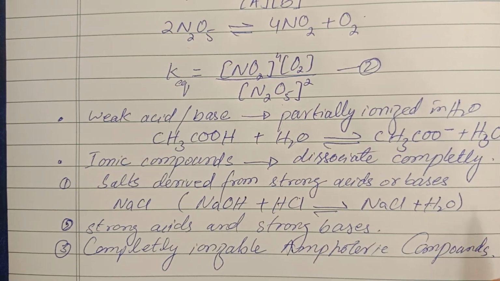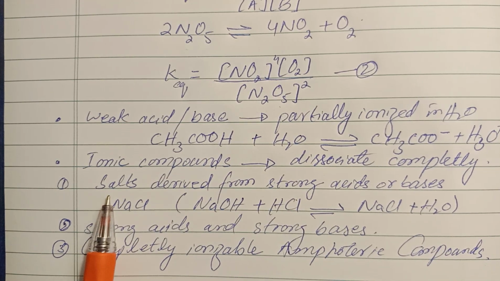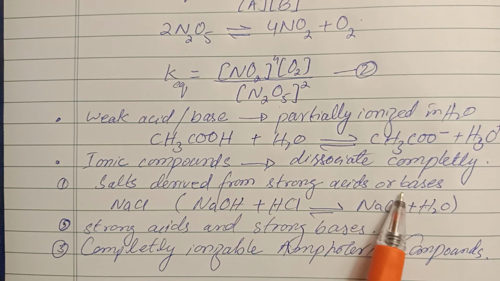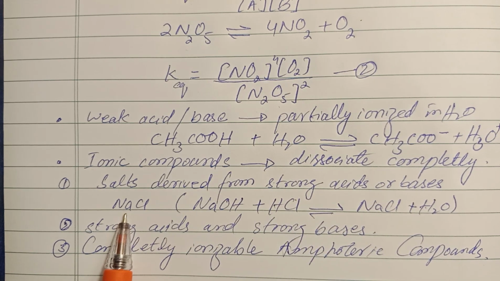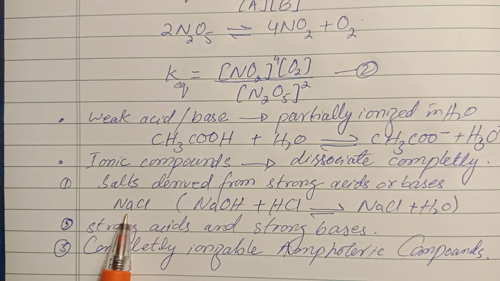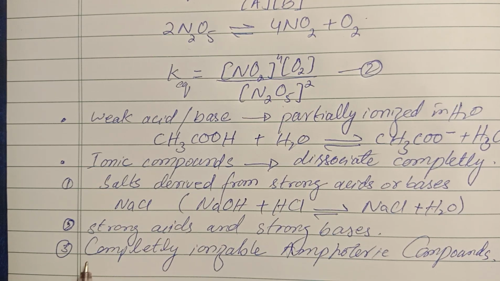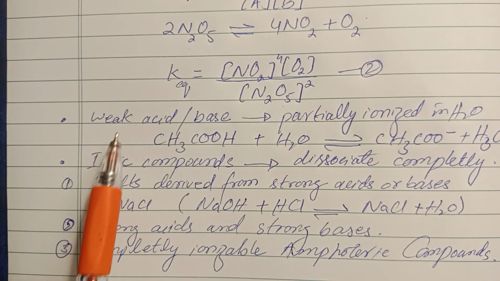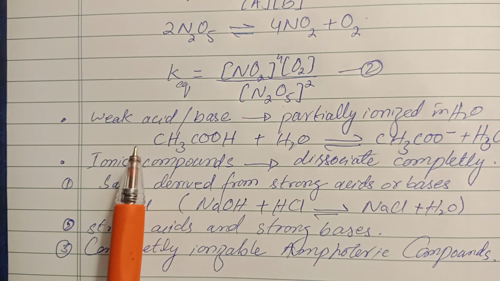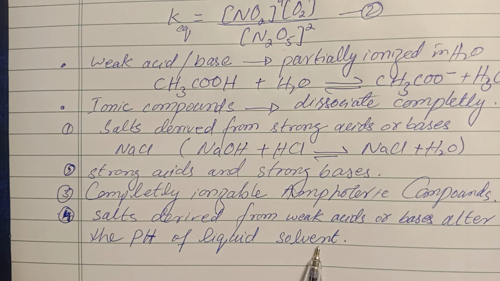Here one thing is needed to remember, that the ionic compounds that are salts derived from strong acids and bases are completely neutral. When they are dissolved in water, they do not change the pH of the system, whereas the salts which are derived from weak acids or bases alter the pH of the liquid solvent.